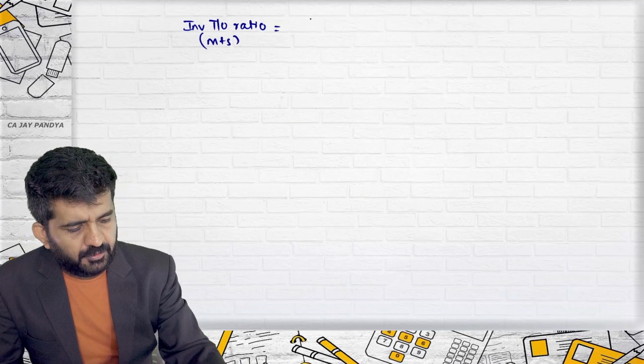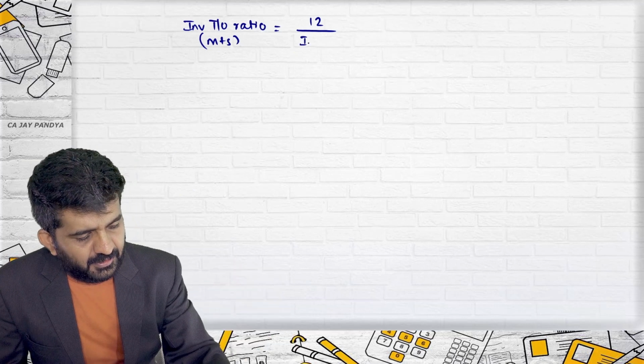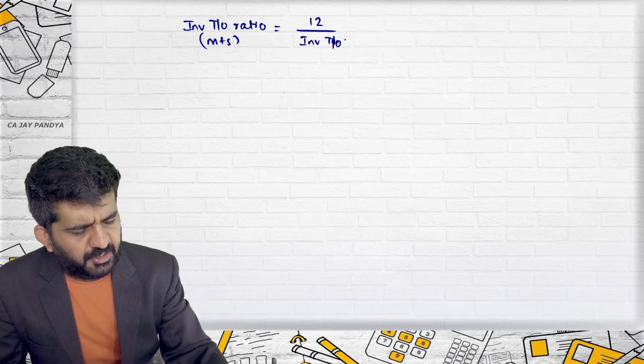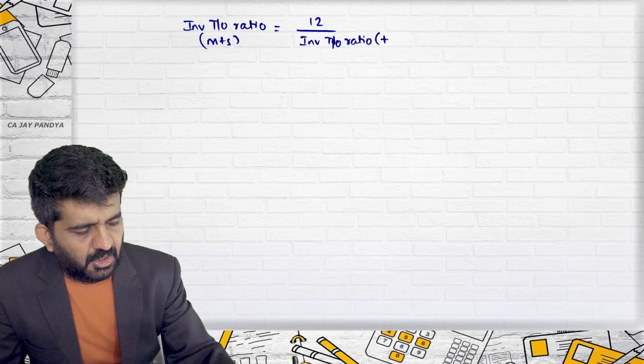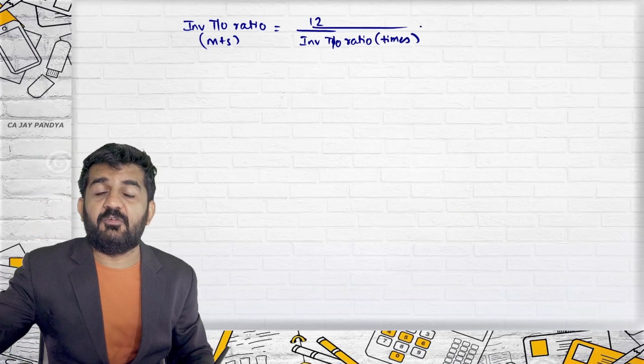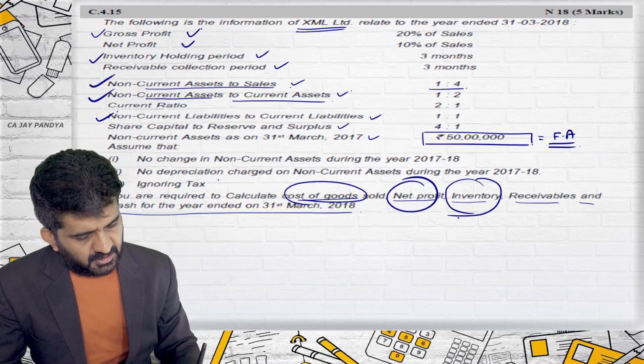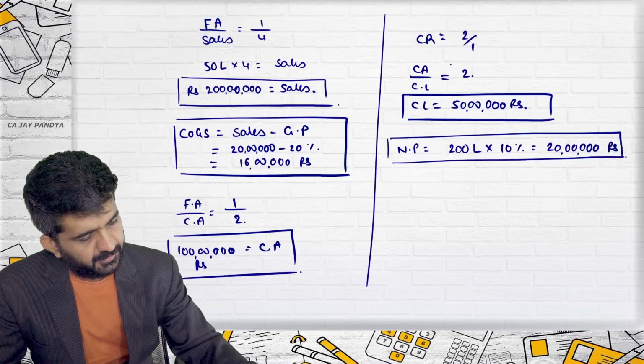How do you find out? 12 divided by inventory turnover ratio in times. This is how we find out inventory turnover ratio in months. What is the answer in months? 3 months.